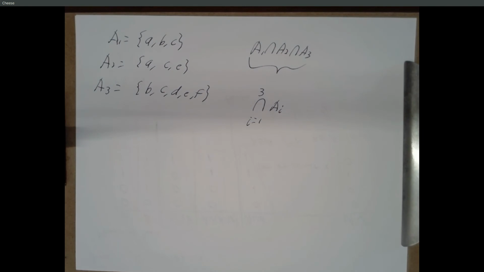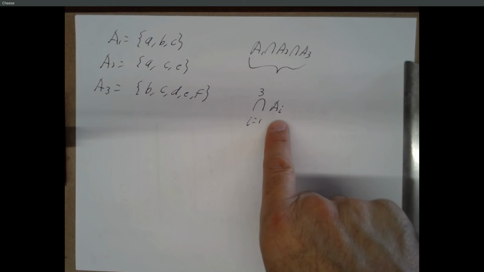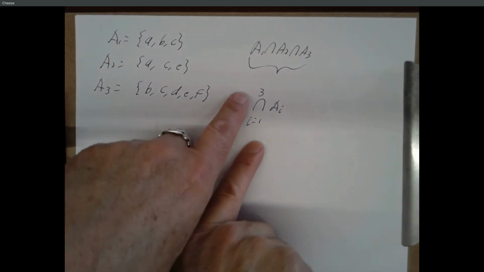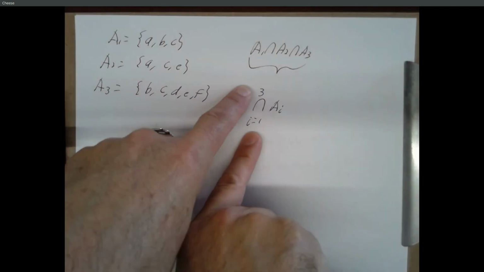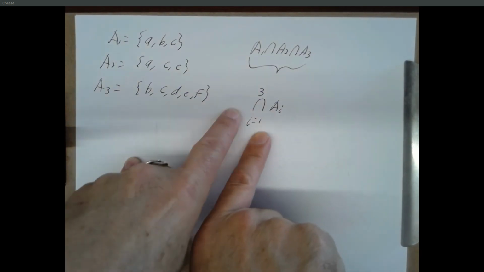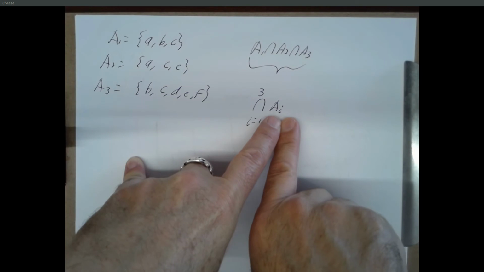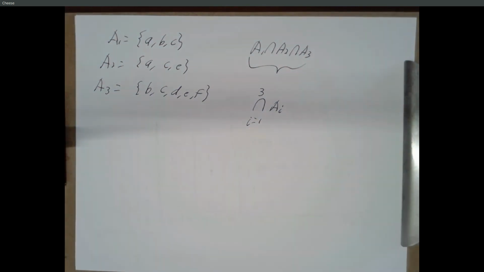And it's just a notational shorthand for A1 intersect A2 intersect A3. And it's kind of like a summation symbol, which we're going to review too. This is kind of like a for loop in programming. Saying for i equals 1 to 3, let's take the intersection of A subscript i with whatever else we're intersecting.